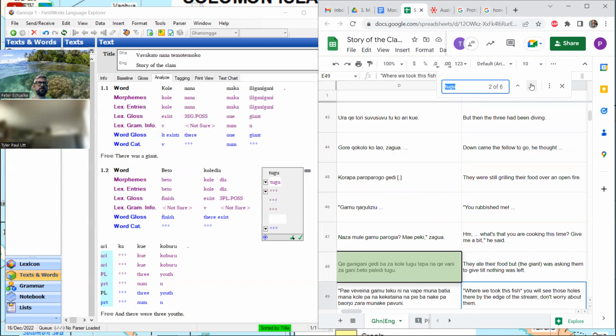This one could be, this tugu is, they ate their food. They, Gani ate, gained their food, but there existed also tepa ria, which I don't know what tepa means.